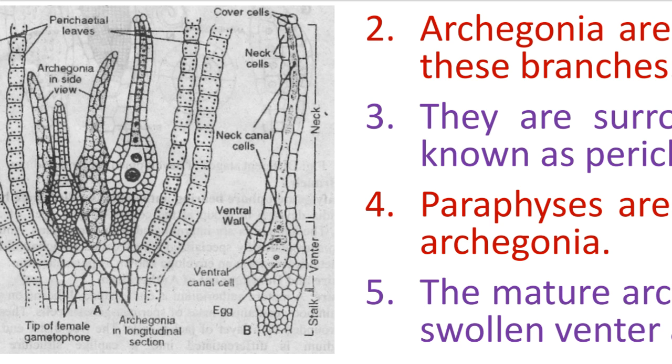Okay, the neck contains neck canal cells and the venter contains a venter canal cell, and at the base there is a single non-motile, non-flagellated egg having the female nucleus, and the mouth of the archegonium is covered by cover cells. So this is the body structure of the mature archegonium.